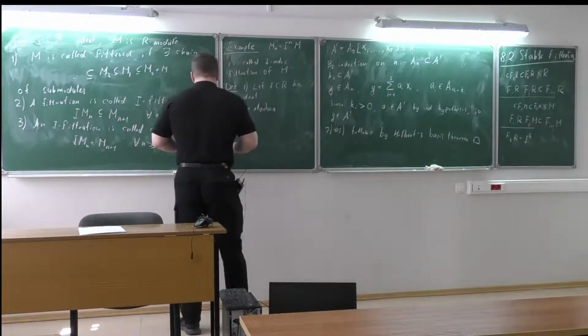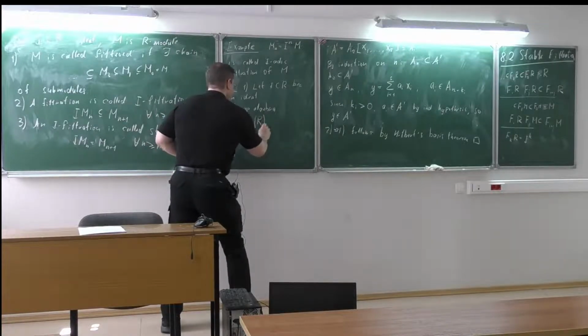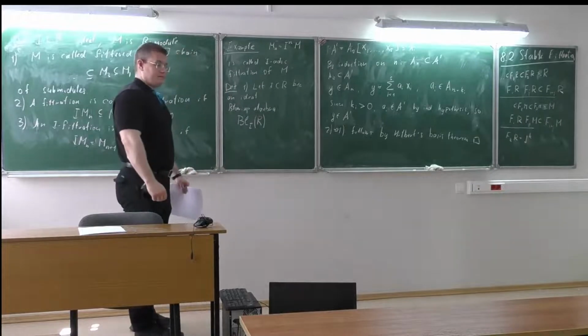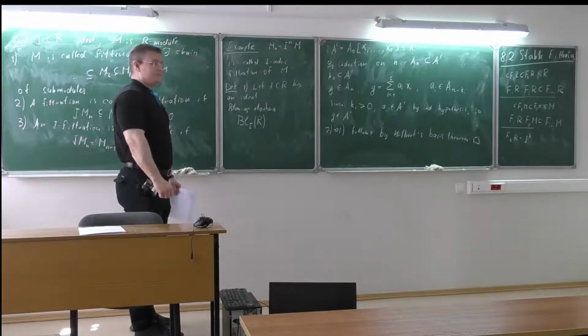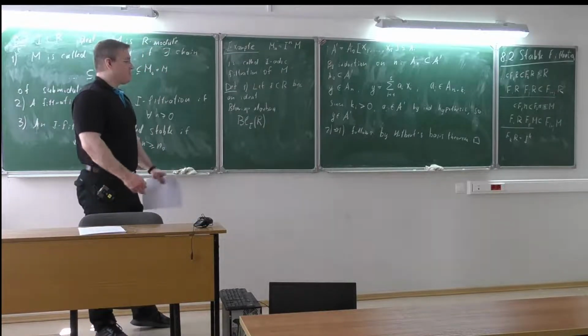The notation is Bl_I(R), where you use I as an index of the ring R. This is the algebra used in algebraic geometry to construct blow-ups.